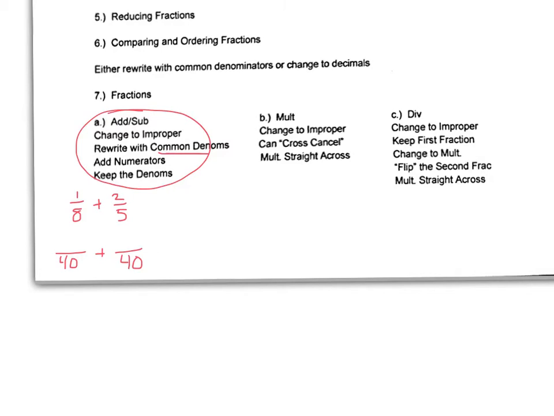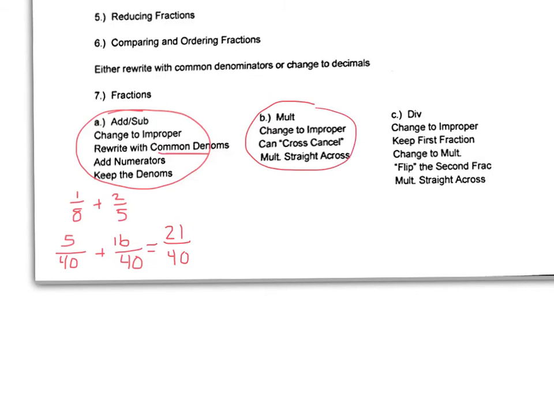And remember, if you change the bottom of a fraction, you have to change the top. So since I changed 8 to 40, I had to multiply by 5. I have to multiply the top by 5. And to get from 5 to 40, I had to multiply by 8. So I have to multiply the top number by 8. And then you just add the top numbers, because the bottom number just tells you how big the pieces are. They're 40ths. They're not very big.